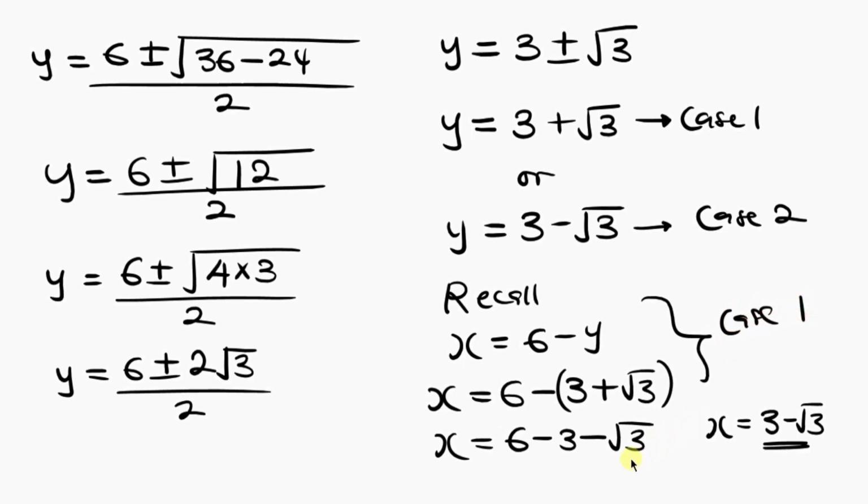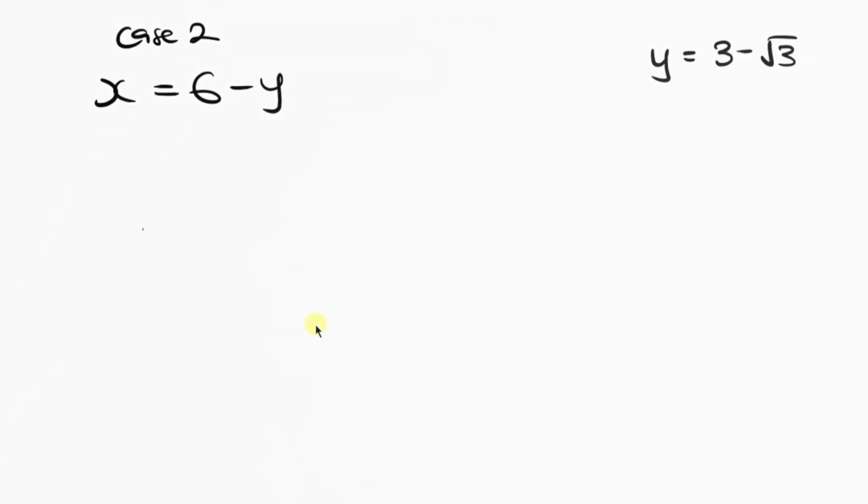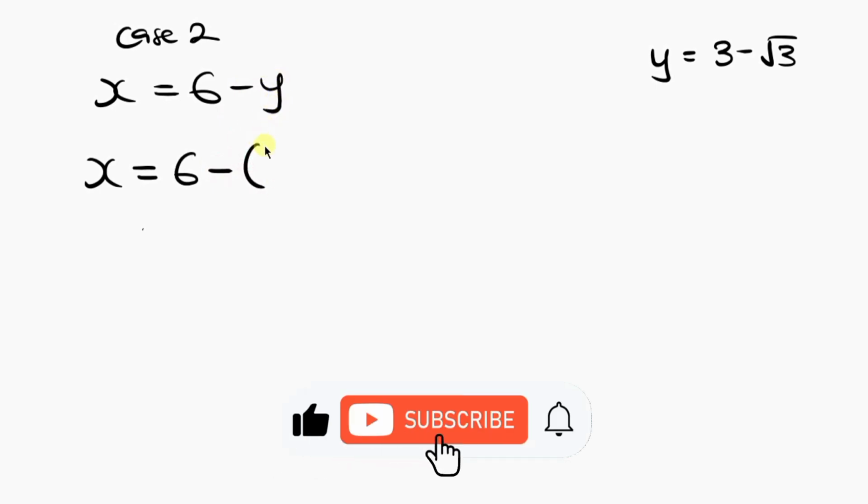Now we're going to be using case 2 this time around. Remember what case 2 is? When y is equal to 3 minus the square root of 3. So let's go there. All right, so now this is our case 2. x is equal to 6 minus y. The value of y we are using this time in case 2, remember, is 3 minus root 3. So I'm going to be putting it here. So x equals 6 minus, and like I said, after writing minus, put the value of y you are substituting in a parenthesis.